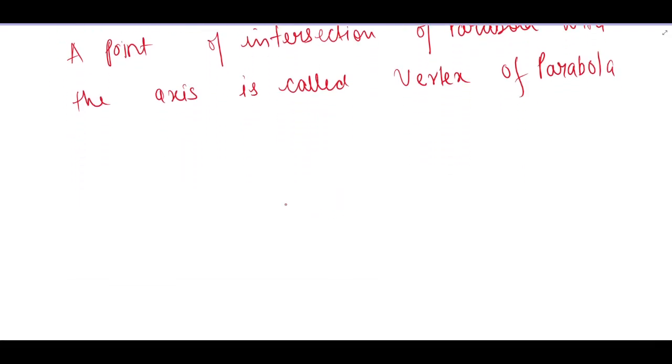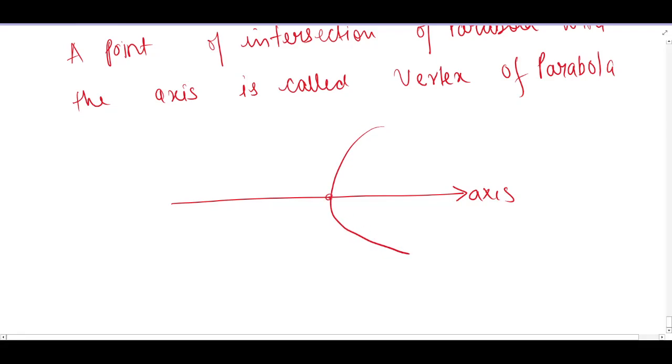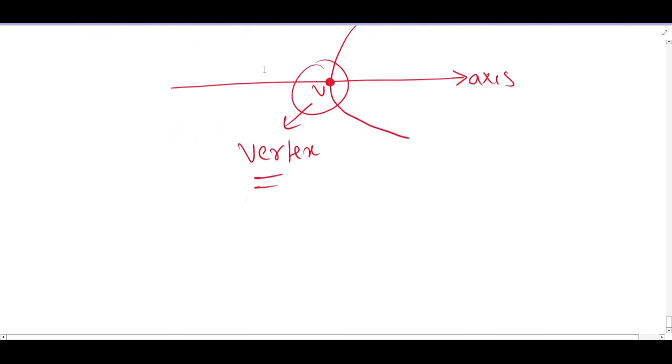That is, if this is the axis and this is a parabola, then the parabola will intersect the axis at point V. So this point is the vertex. So next is the standard equation of a parabola.